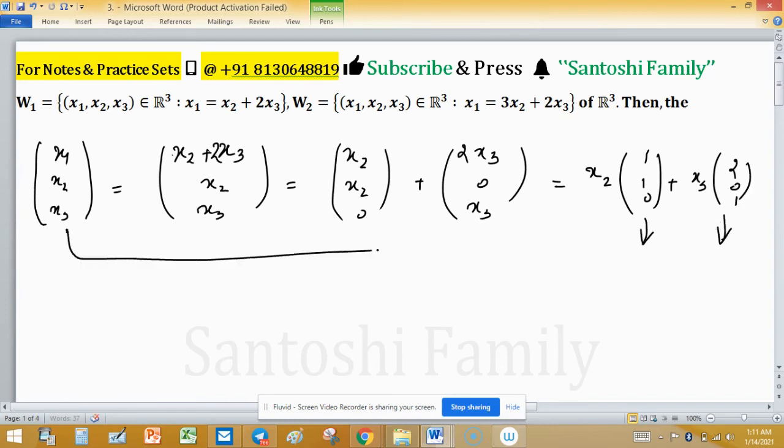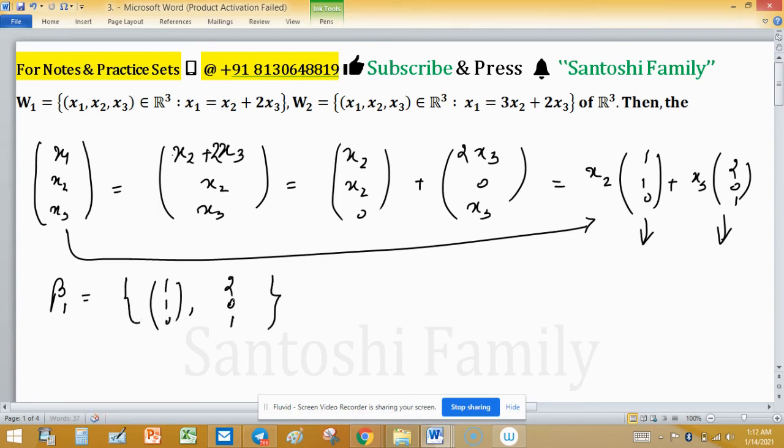Any element can be written as a linear combination of these two. So the basis of W1 is (1, 1, 0), (2, 0, 1).